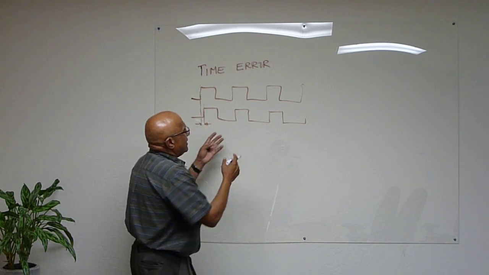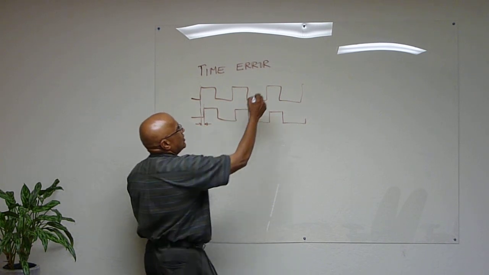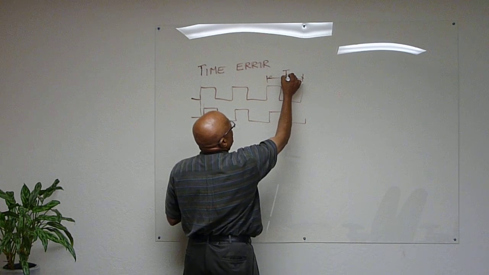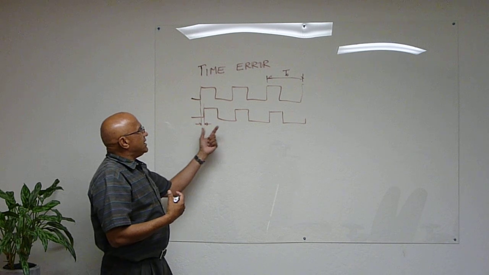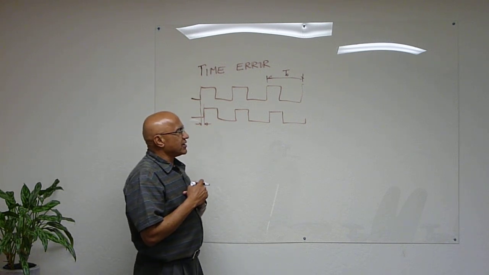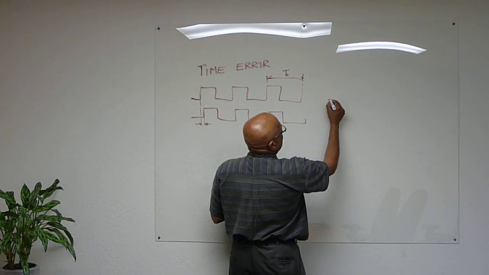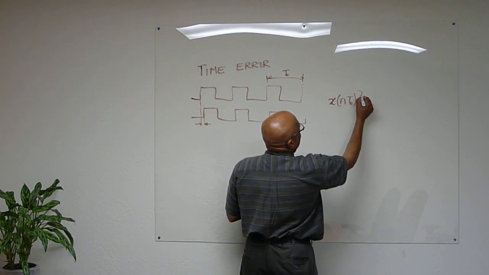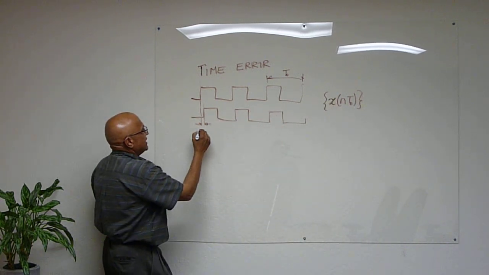Now, clearly every clock has a periodicity associated with it, so you have some basic T sub 0 as the time unit between measurements of time error. So we have a very natural discrete time sequence, which I'll refer to as x of n T sub 0, where each of these measurements is x.